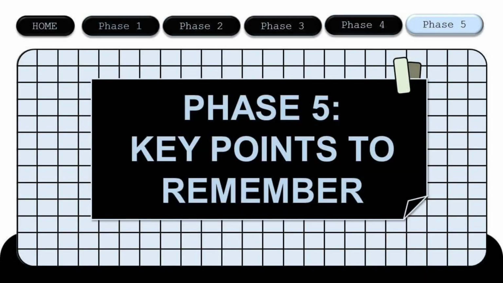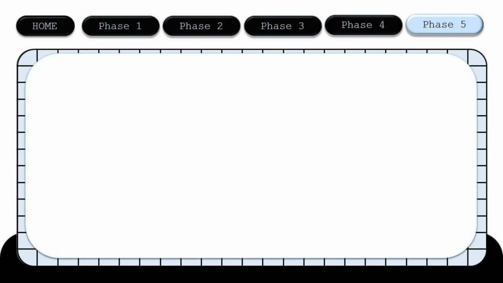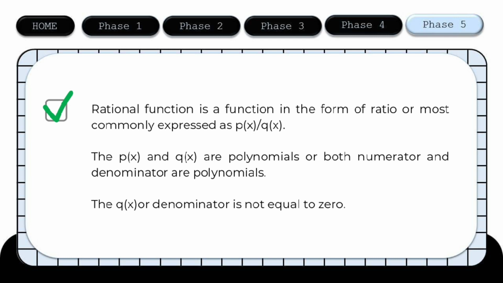Phase 5, key points to remember. When we say rational function, it is a kind of function in the form f of x is equal to p of x all over q of x, wherein p of x and q of x are polynomial functions, and q of x is not equal to 0.